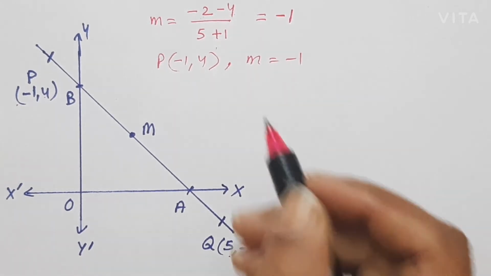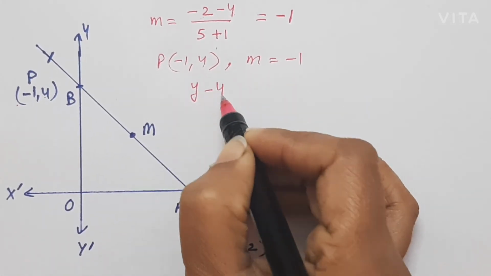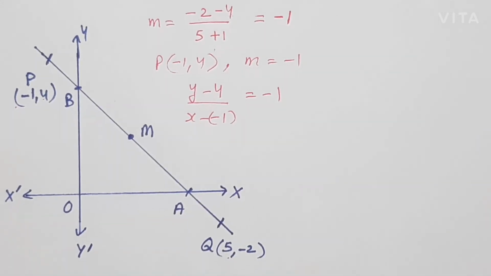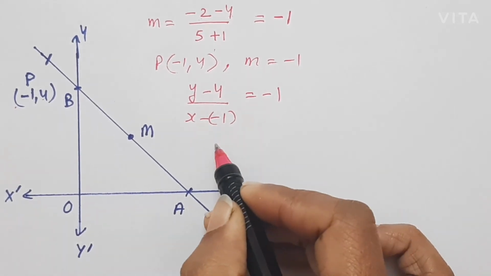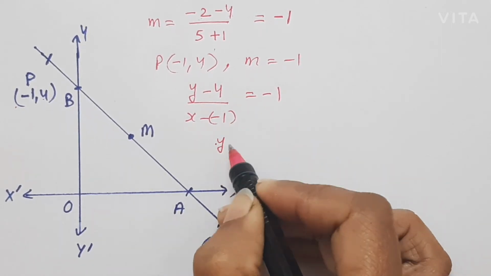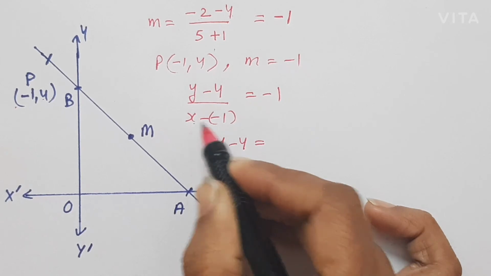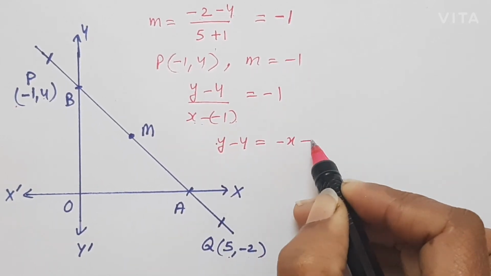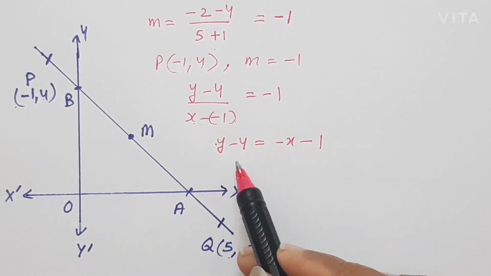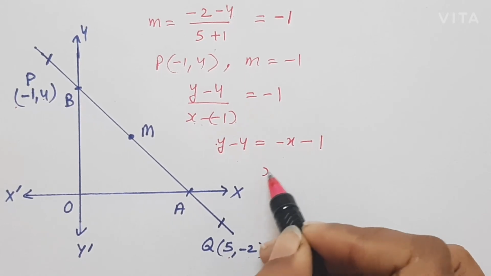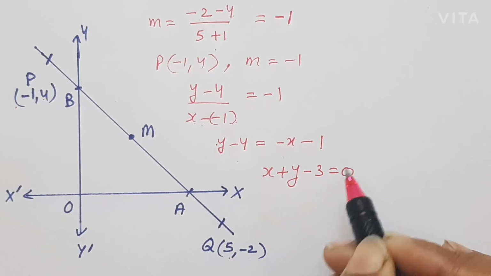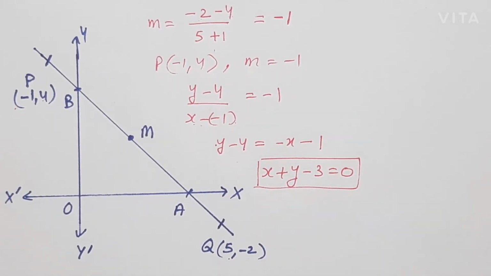So the equation will be (y - 4) upon (x + 1) equal to -1. Now cross multiply this: y - 4 is equal to -(x + 1), so minus x and minus 1. So it will become x + y - 3 = 0. So this is the required equation now.